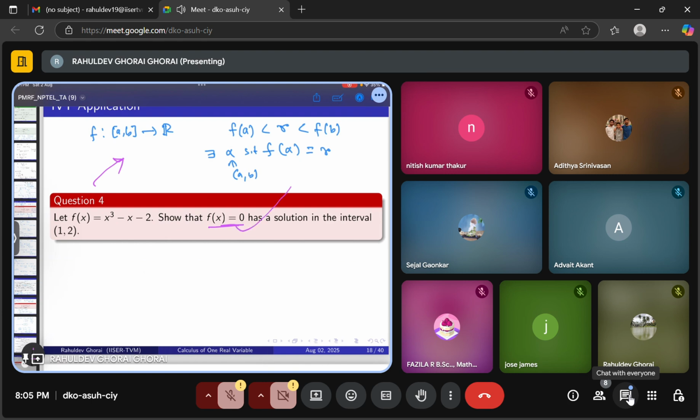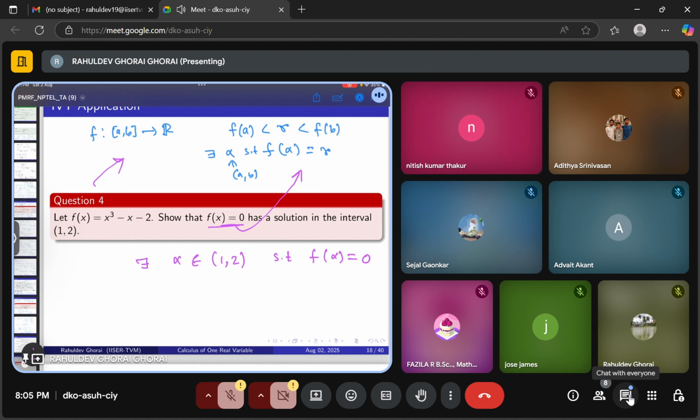Can you think? We need to show that there exists alpha belonging to [1, 2] such that f(alpha) is equal to 0, is it not? We'll go one by one. Do you understand this?